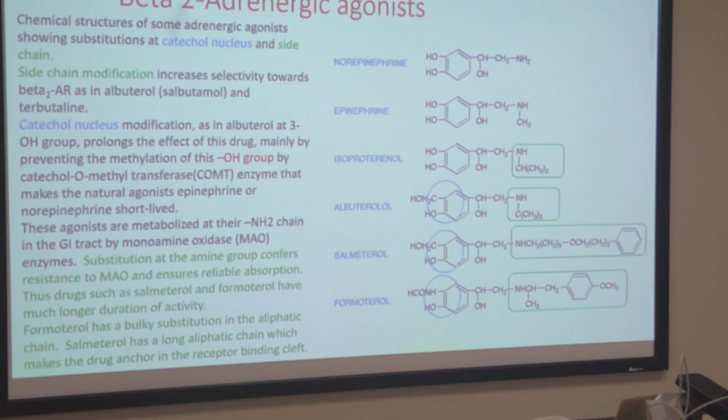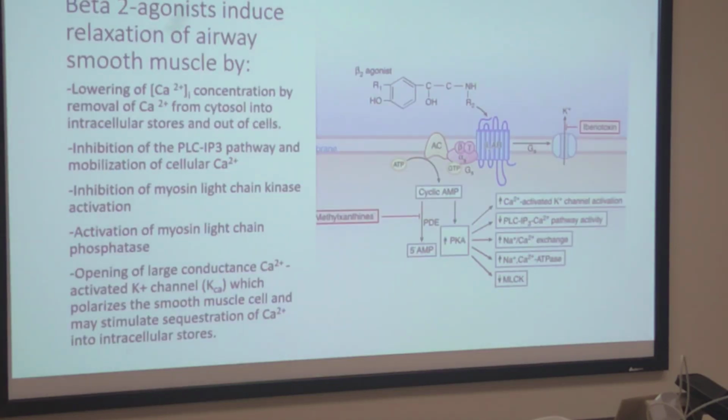Next class would be, before that, I'm sure you already know the target site. By activating beta-adrenergic receptors, what are you doing with cellular signaling?